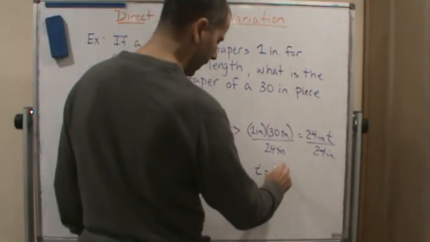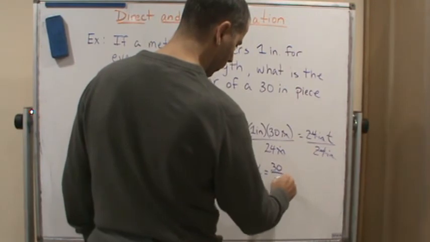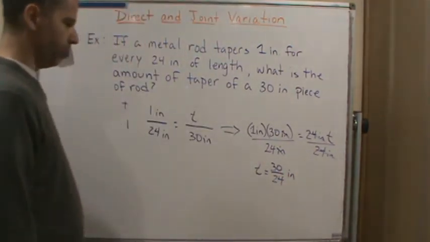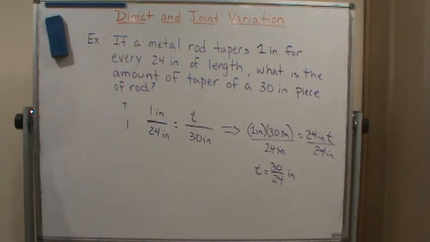And so I get what? I get 30 over 24 inches, which reduces to what?